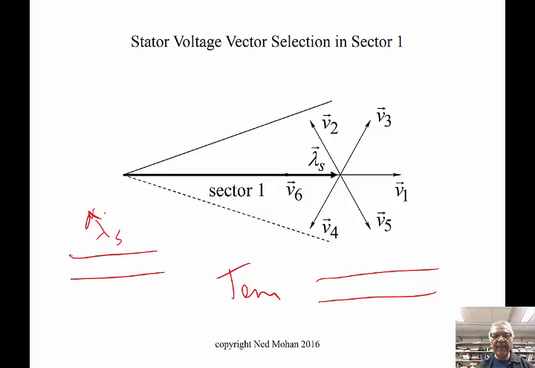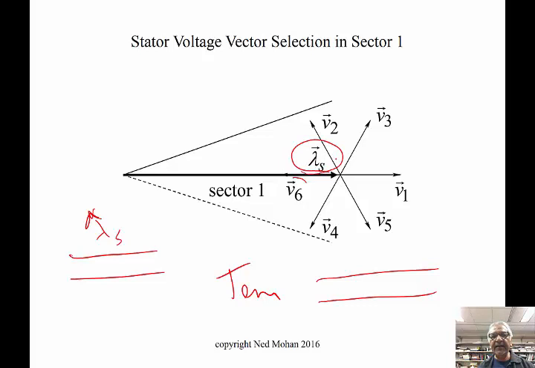Okay. So depending upon what is needed, we will apply the appropriate voltage space vector. So let's say that we are in sector 1, and let's assume that this is lambda sub s right now.